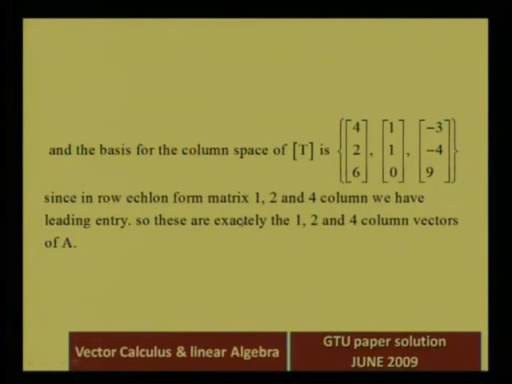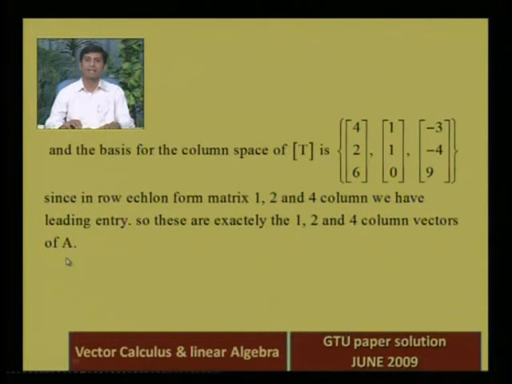Since in row echelon form the 1st, 2nd and 4th columns have leading entries, these are exactly the 1st, 2nd and 4th column vectors of A. A means the standard matrix T.